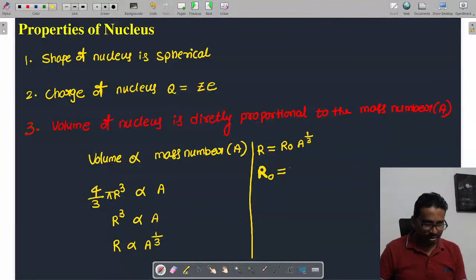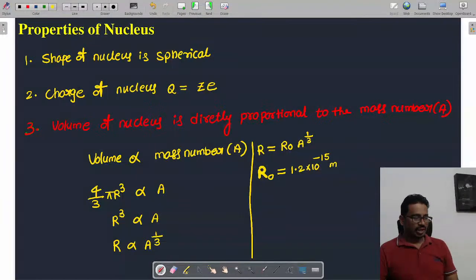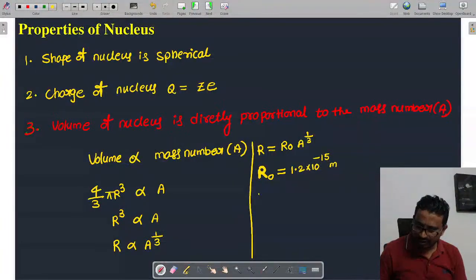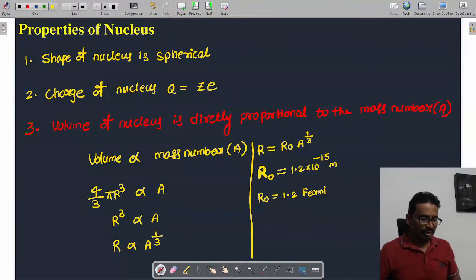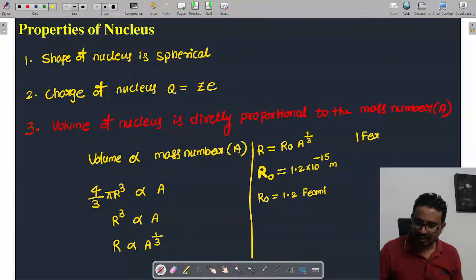Tell me, this value 1.2 into 10 power minus 15 meters. R naught is given as 1.2 into 10 power minus 15 meters. This can be written as what? You tell me, 1.2 Fermi. Fermi means what? 1 Fermi is equal to 10 power minus 15 meters.